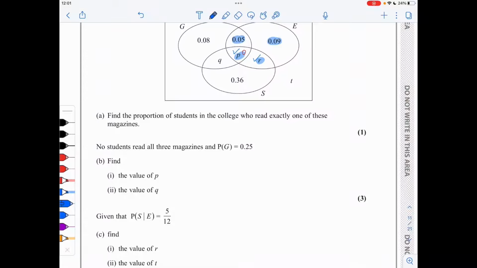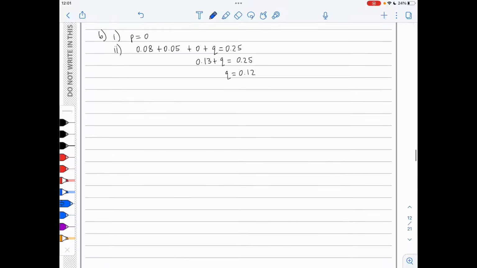So I could write down an equation in R and P based on that. So we have already established that P is 0, so the numerator is what I have shaded in blue, which is R plus 0.09 plus 0.05 is equal to 5/12.